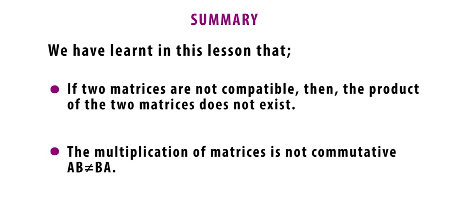Also, we've learned that if 2 matrices are not compatible, then the product of the 2 matrices does not exist. Again, the multiplication of matrices is not commutative. This implies that a matrix A multiplied by a matrix B is not equal to the matrix B multiplied by the matrix A.